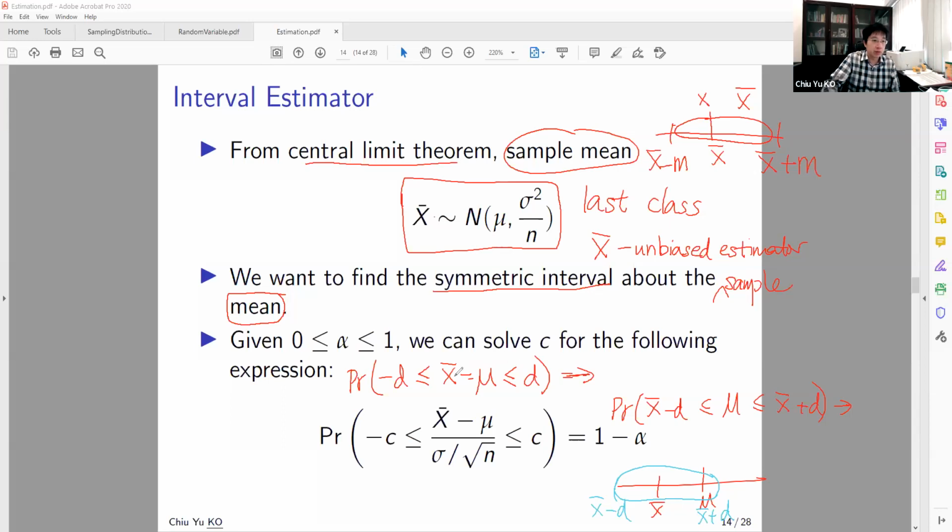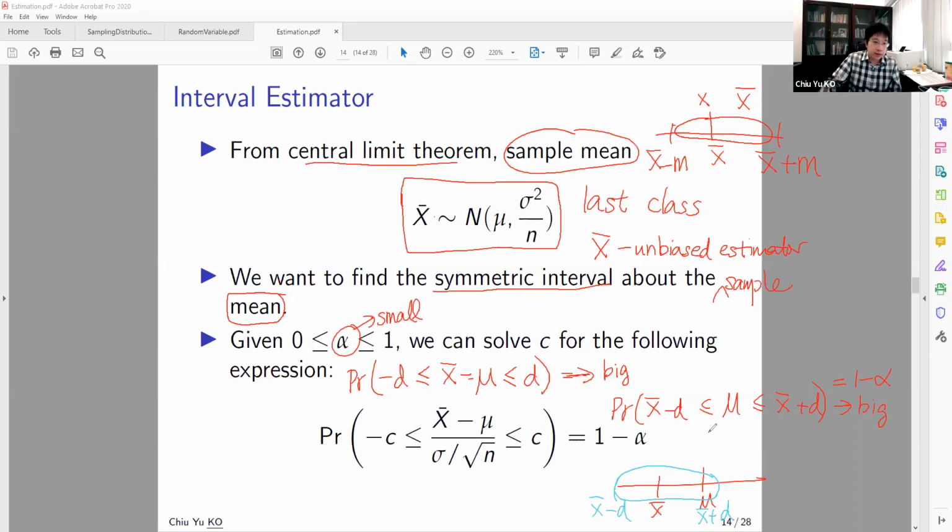Because this includes the mu, the probability is very big. Or I want 1 minus alpha, which means I want alpha to be very small. This is what we want at the end of the day.